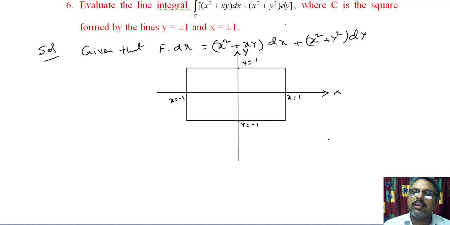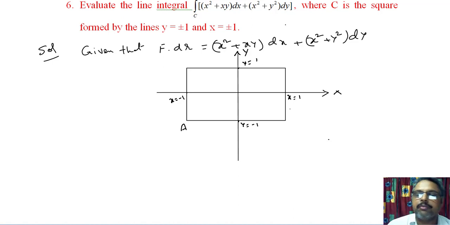So, of the four straight lines, x = 1 is parallel to the y-axis, x = -1 is also parallel to the y-axis, and y = 1 and y = -1 are straight lines parallel to the x-axis. Now this square is given.